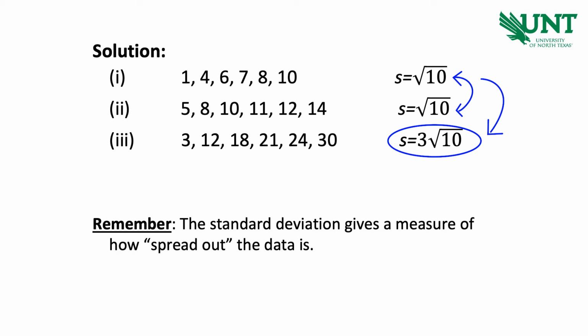The second data set is given by adding 4 to each data value of the first data set. Also, the third data set is obtained by multiplying each data value of the first data set by 3. Since the standard deviation shows how spread out the data is, these results completely make sense.